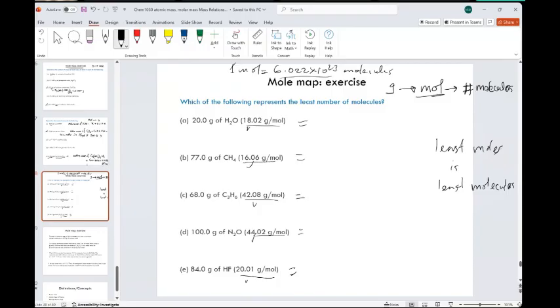Anyone have any question with that, or everyone is good? Maybe you need more explanation. Basically, we are trying to learn the mole related exercise in different ways, because you have to use them in different contexts and find the calculation.